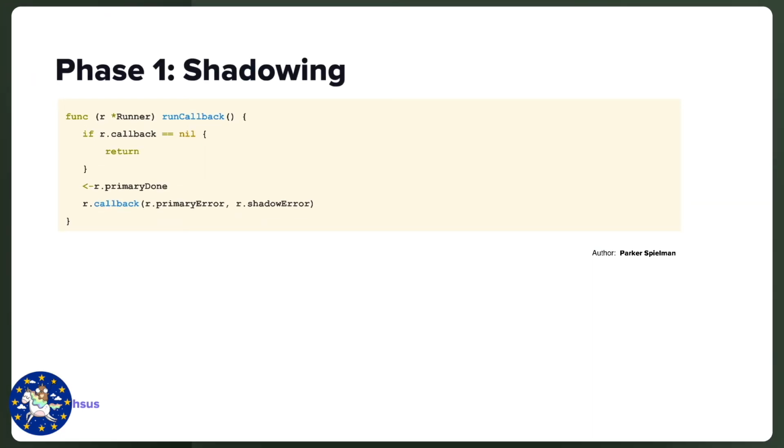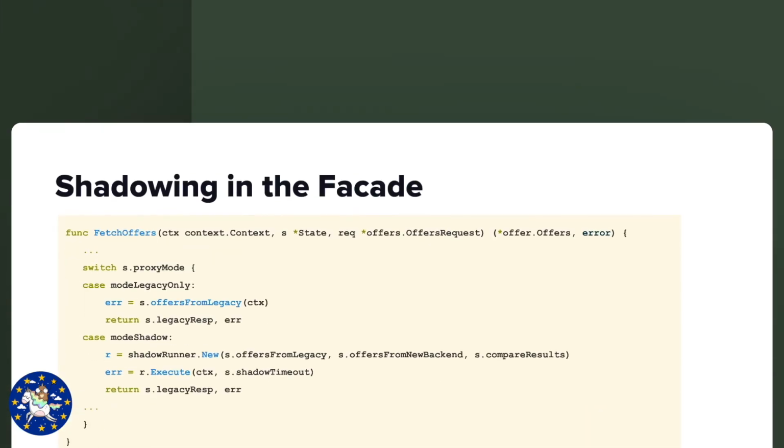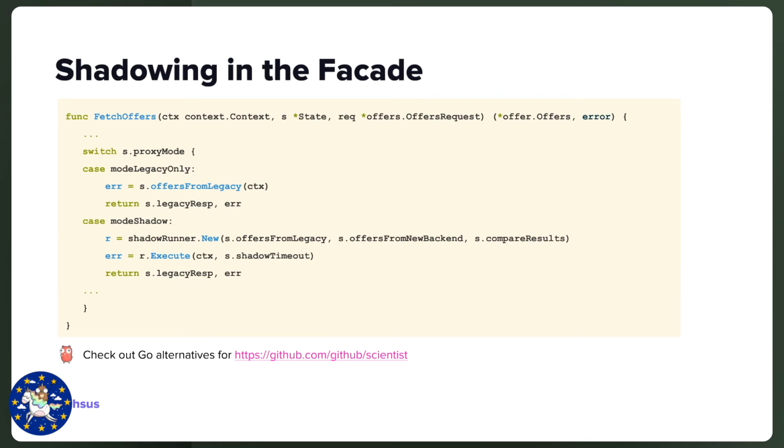And this is what the RunCallback method would look like, which simply waits for the primary backend to be done, and it's going to call the callback method that we have set on the runner. So shout out to Parker, my teammate who wrote this package. It's a simple but really elegant package that helped us during our migration.